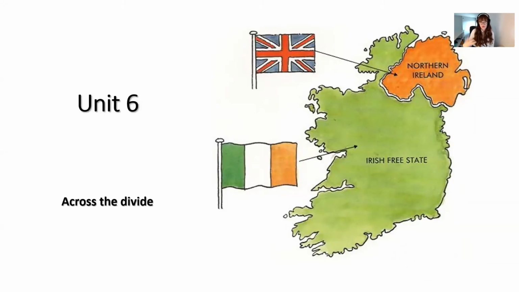Both of those religions are branches of Christianity, different types of Christians, but in Northern Ireland especially, because Northern Ireland is part of the United Kingdom, there have been religious tensions between Catholics on the one hand and Protestants on the other hand.